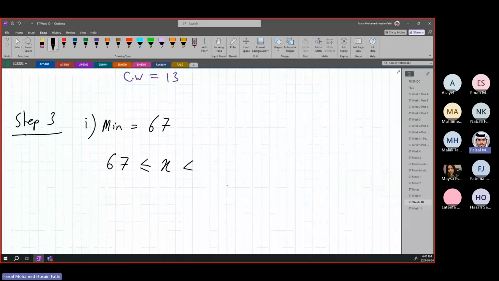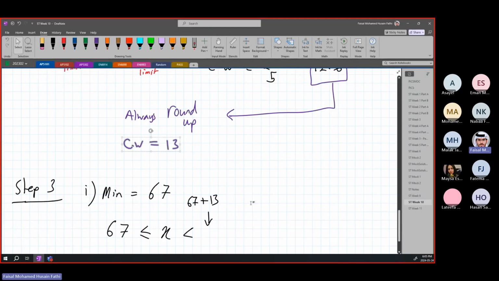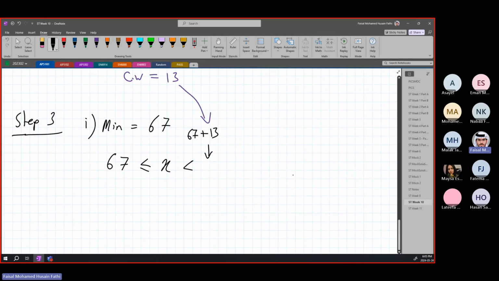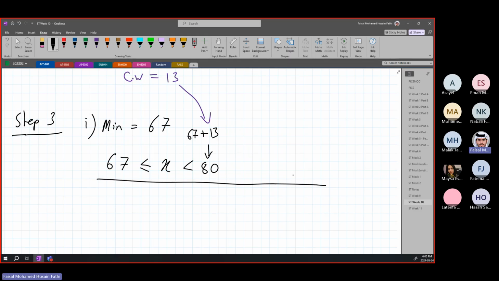And then we're going to add 13 to 67. This 13 here is just our class width. So 67 plus 13 is equal to 80. And this is going to be our very first row. So the first thing you do is you get your minimum.